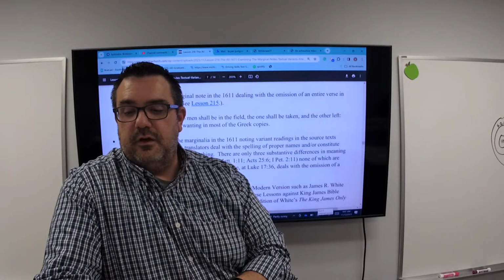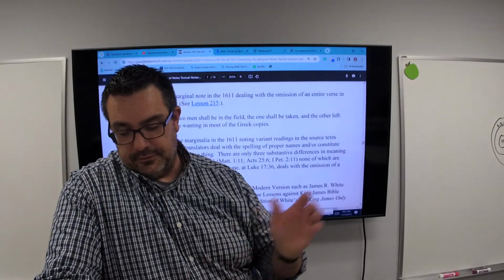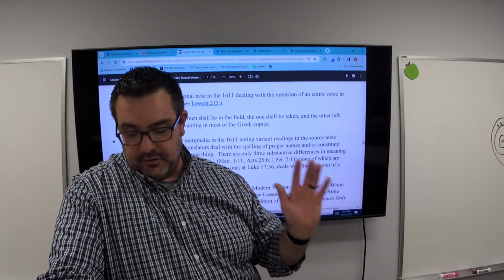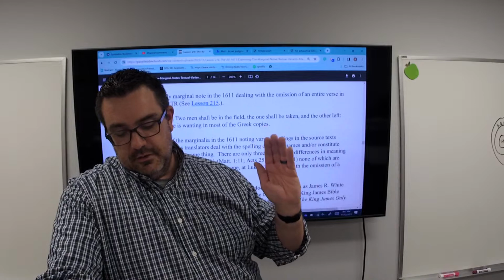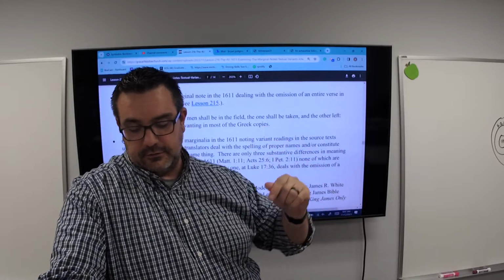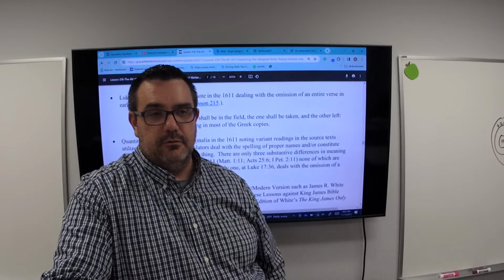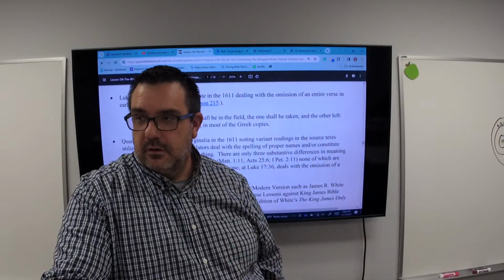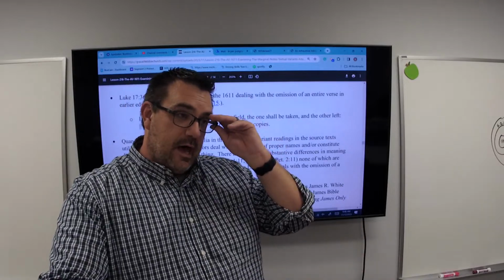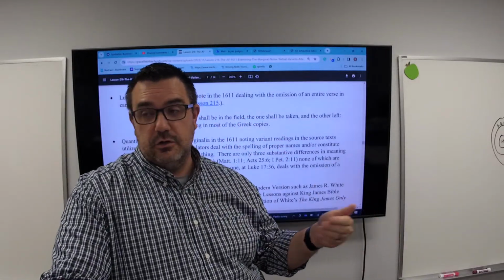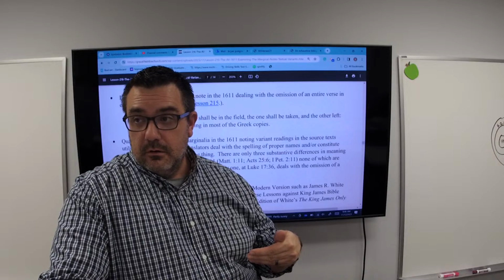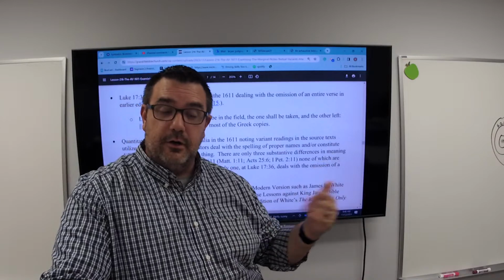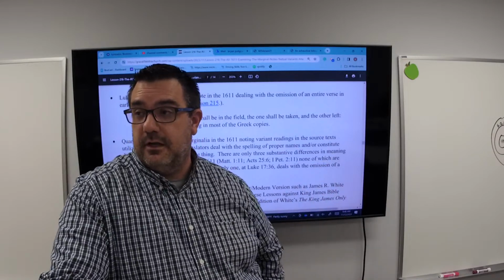And two men shall be in the field, and one shall be taken and the other left. The margin says, this verse 36 is wanting in most of the Greek copies. But yet, did they put it in the text? Mm-hmm. So they're saying that the verse, in their estimation, should be there? Yeah, because they put it there, and they are noting the fact that they've seen Greek copies that didn't have it.